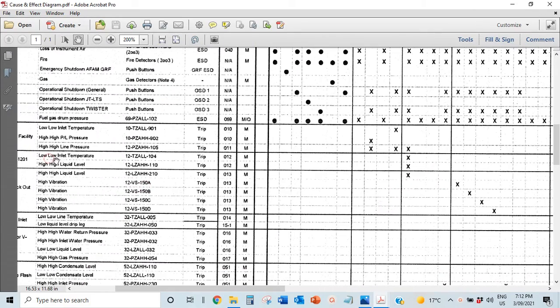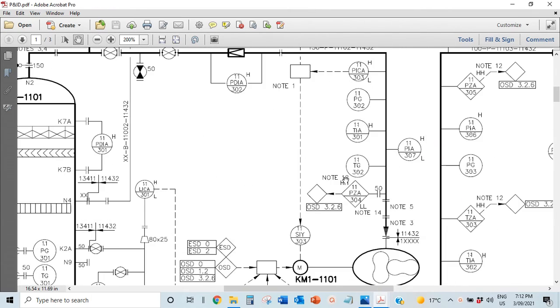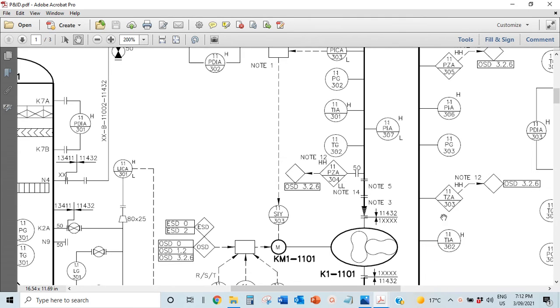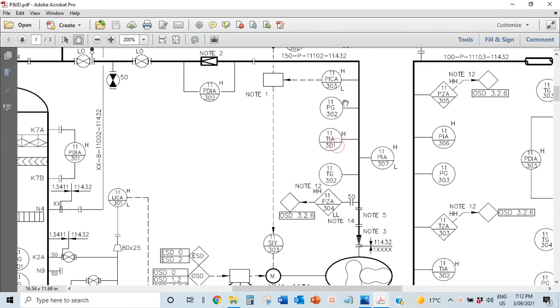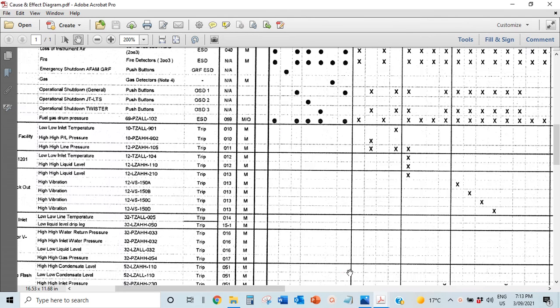So this is a low inlet temperature. So remember we had temperature trips and all that here. So let's say you have low temperature coming in, and for whatever reason you know that that's bad for your process.